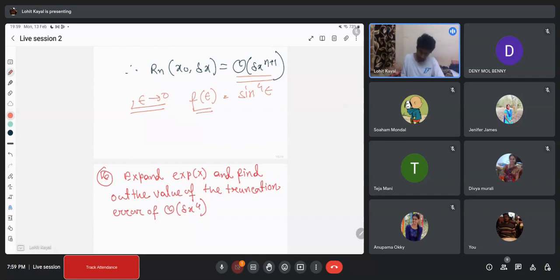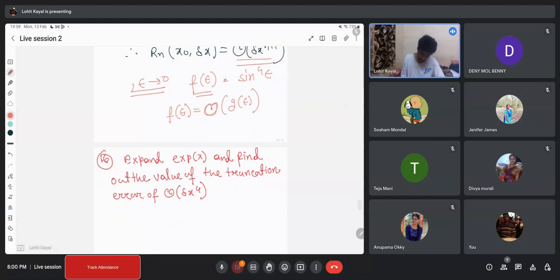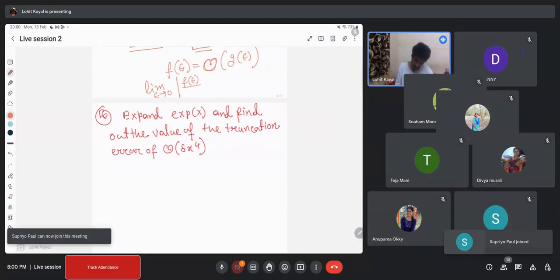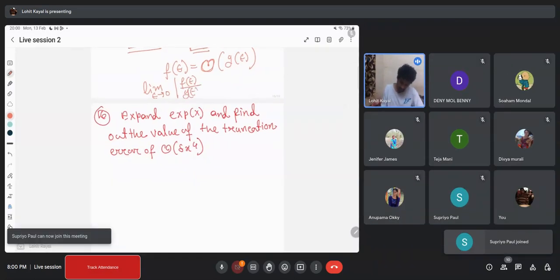This is O, we represent it to tell that the order is the order of g epsilon only when, in the limit epsilon tends to 0, modulus of f epsilon by g epsilon is equal to some finite number.